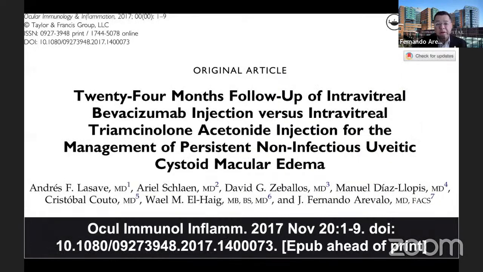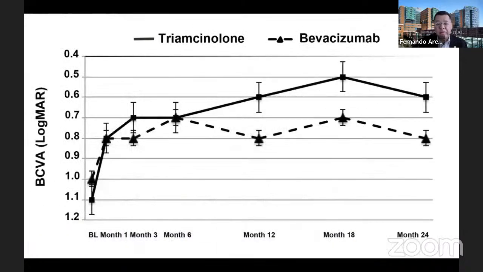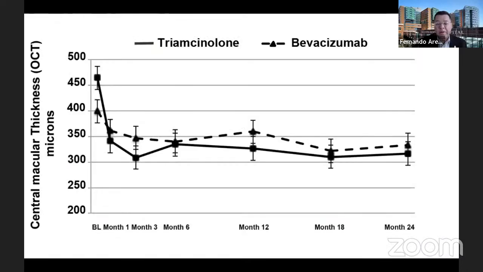We published a series of cases at 24 months of follow-up comparing intravitreal bevacizumab and intravitreal triamcinolone for non-infectious uveitic cystoid macular edema. And we can see here that with both therapies, visual acuity improved, a little bit favoring triamcinolone acetonide. The central macular thickness decreased in both groups.